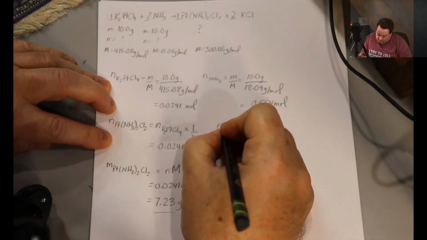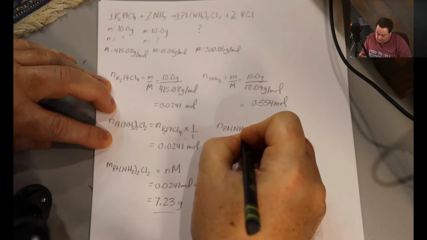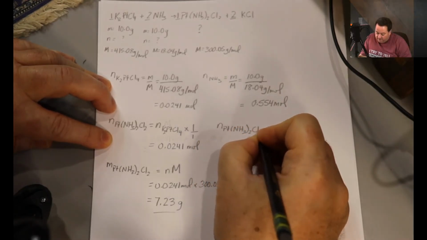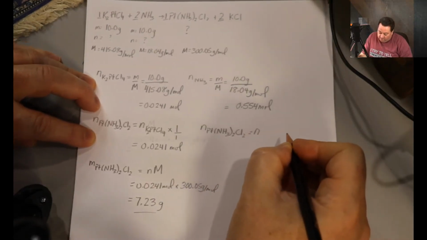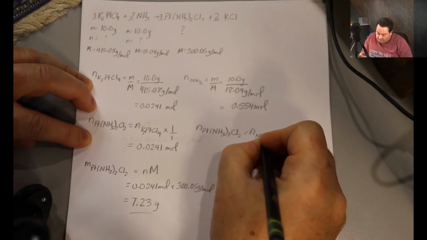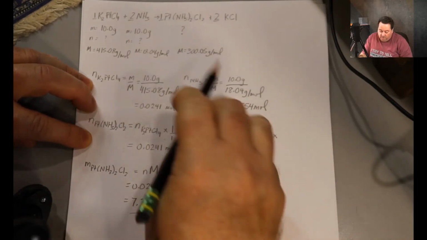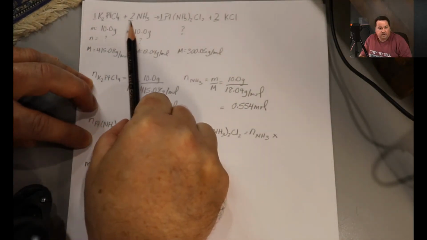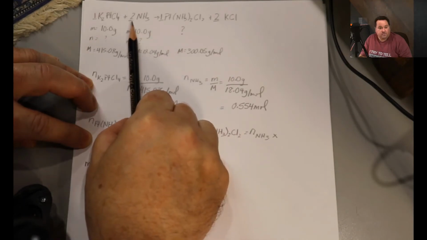The number of moles of Pt(NH3)2Cl2 that I could make from that is the number of moles of the second reactant times the mole ratio, and again, it is required over given, the one I want to know about divided by the one that I have information about.